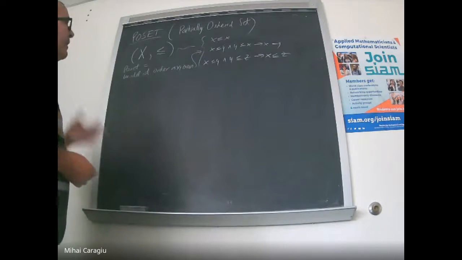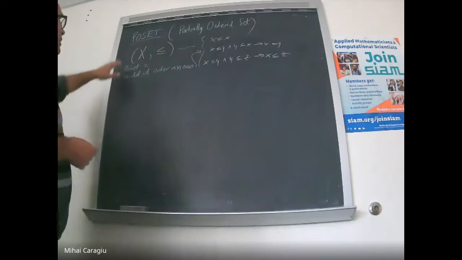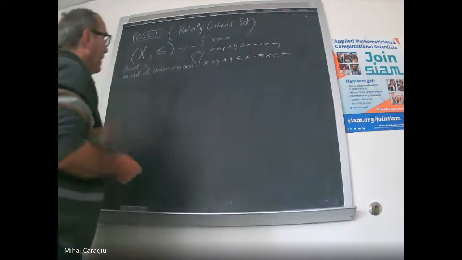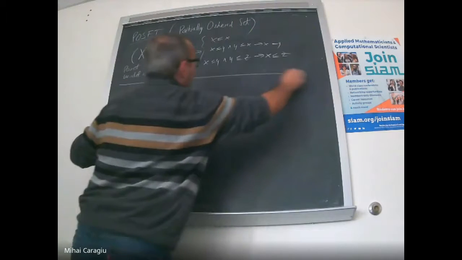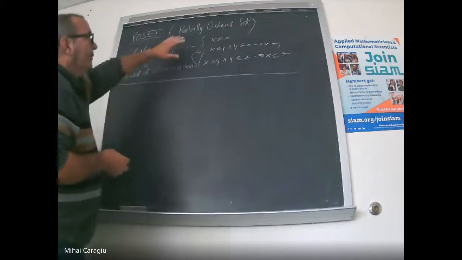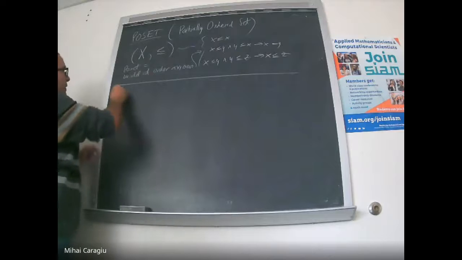In addition to the order axioms, we have an additional axiom which does not follow from the order axioms. There's a total order axiom.